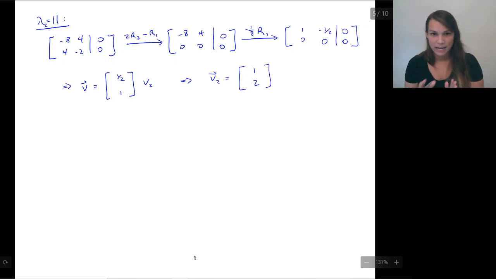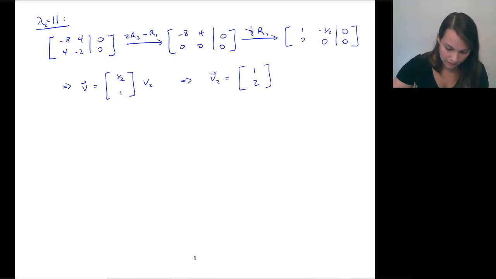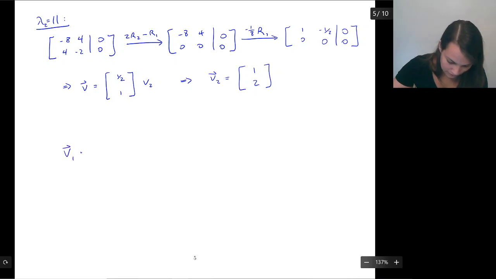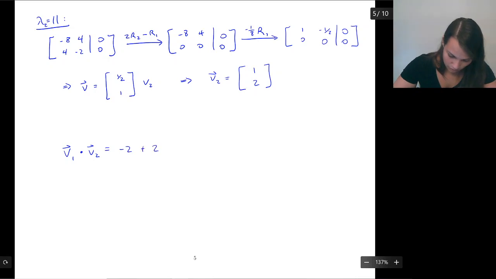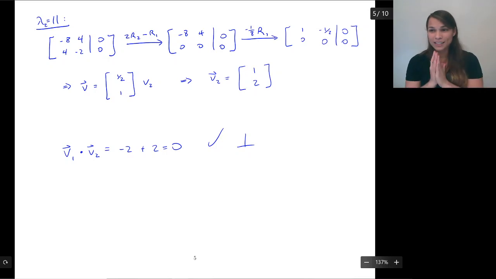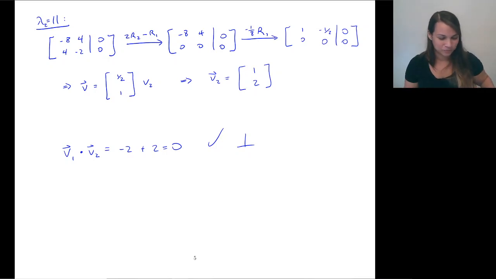No fractions, yay. And then last step, let's double check that these are indeed orthogonal. So V1 was negative 2, 1. So the dot product looks like that. We do indeed have orthogonality. Yay! It worked the way it was supposed to.